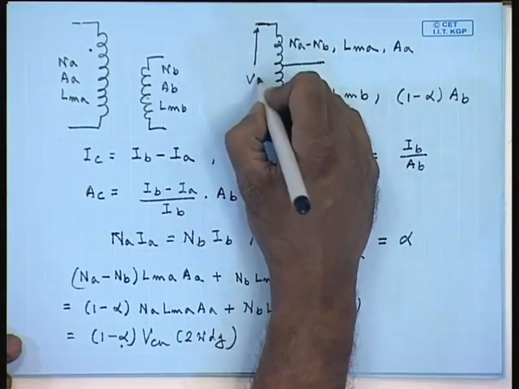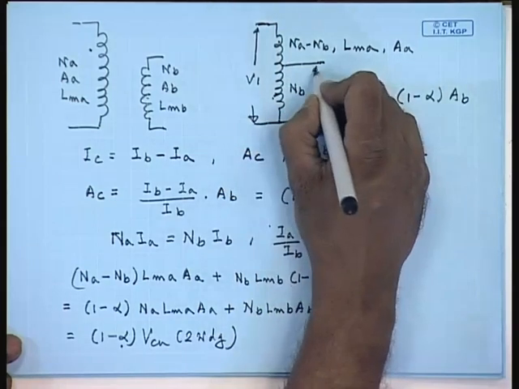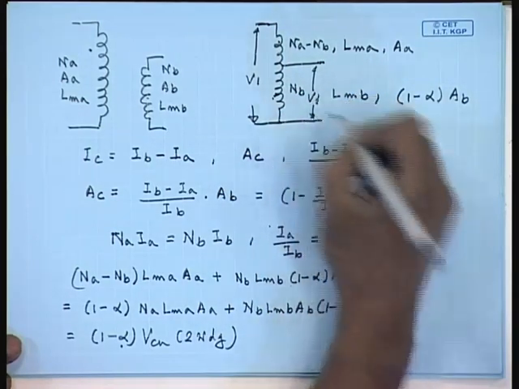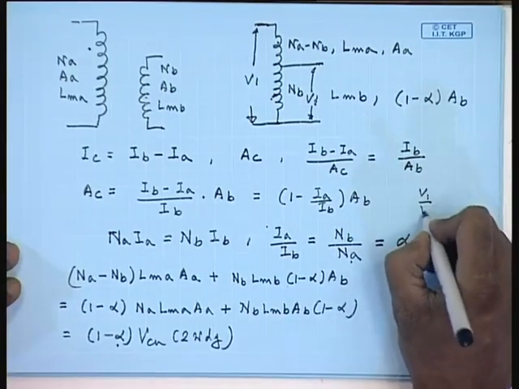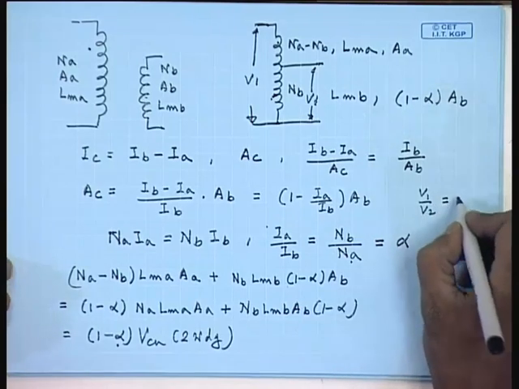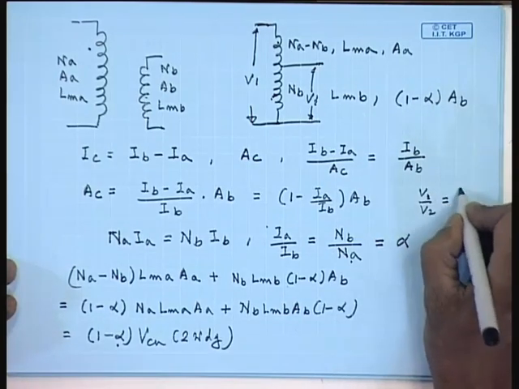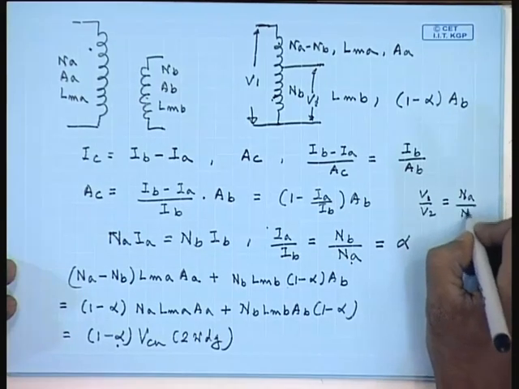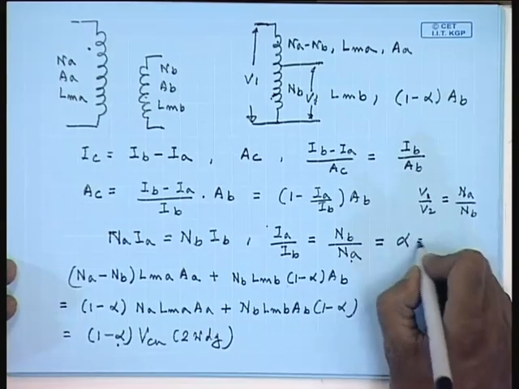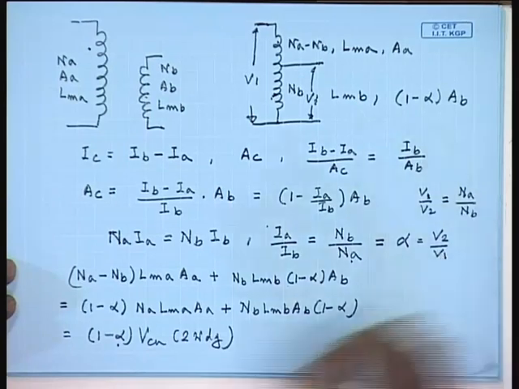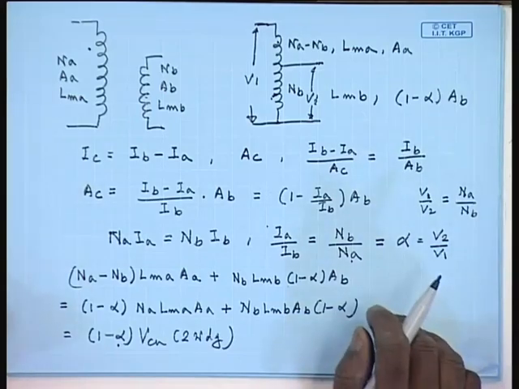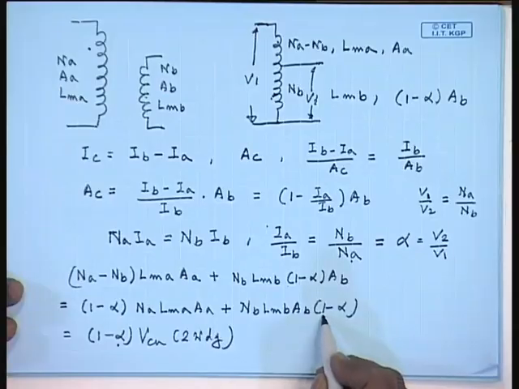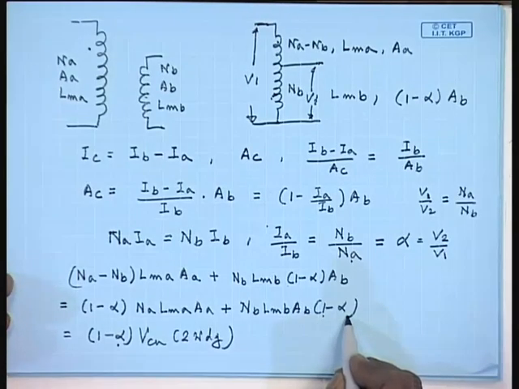If this voltage is V1 and this voltage is V2, then we know V1 by V2 equals NA by NB. So, alpha equals V2 by V1. If the voltage conversion ratio V2 by V1 is close to unity, then this quantity 1 minus alpha is almost 0.